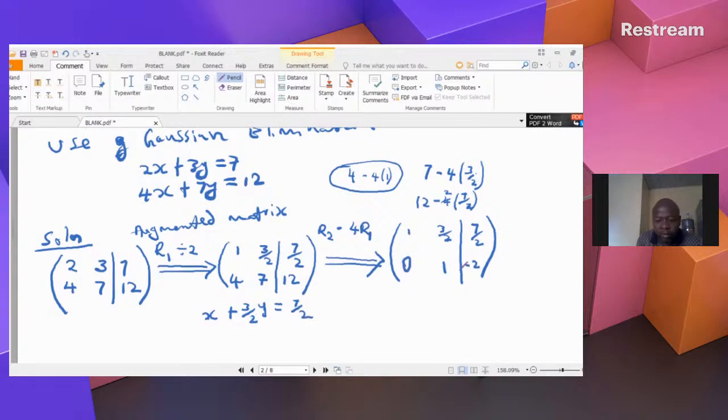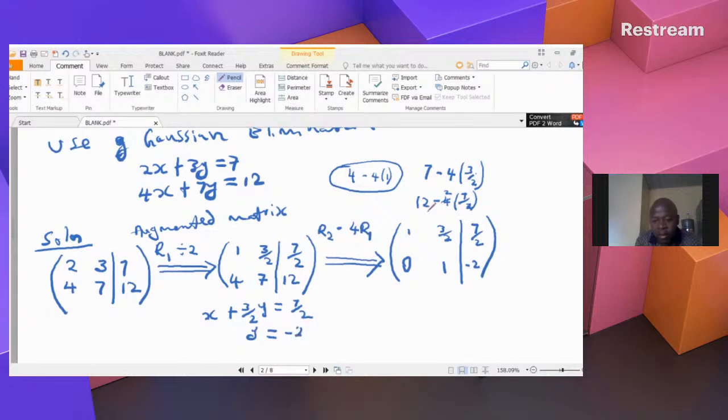And this other means that if I have 0x plus 1y, it would give me negative 2.